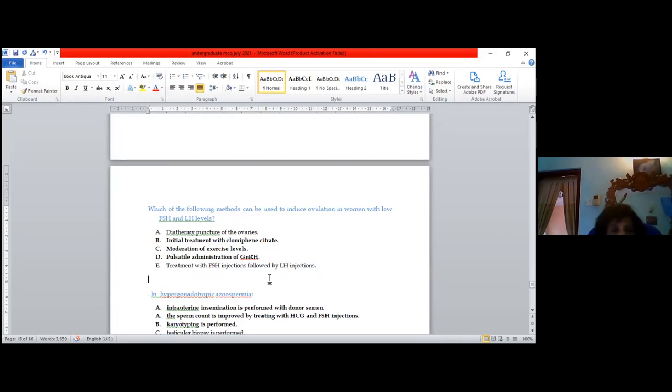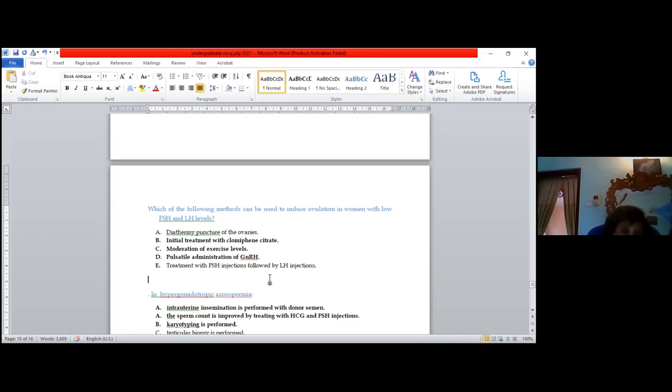First line treatment is clomiphene citrate, and moderation of exercise levels. If they are undergoing cardio exercise, that is also correct. If the lesion is in the hypothalamus, then we can administer GnRH. So yesterday I told you FSH and LH levels are low. The next thing is to see where the lesion is.